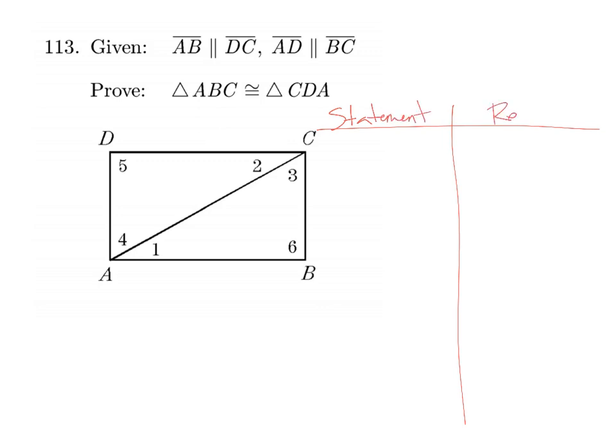All right, 113. Statement and reason. I have AB is parallel to DC. I have AD is parallel to BC.